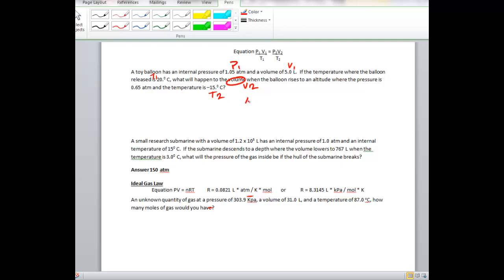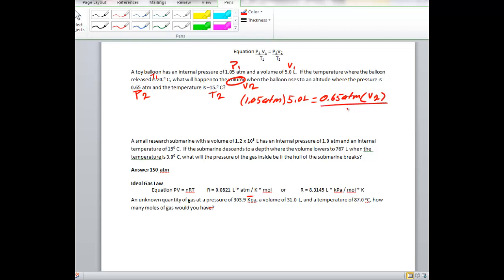We have 105 ATM, which is multiplied by 5.0 liters, which is equal to here's my P2, 0.65 ATM at, I'm looking for V2.